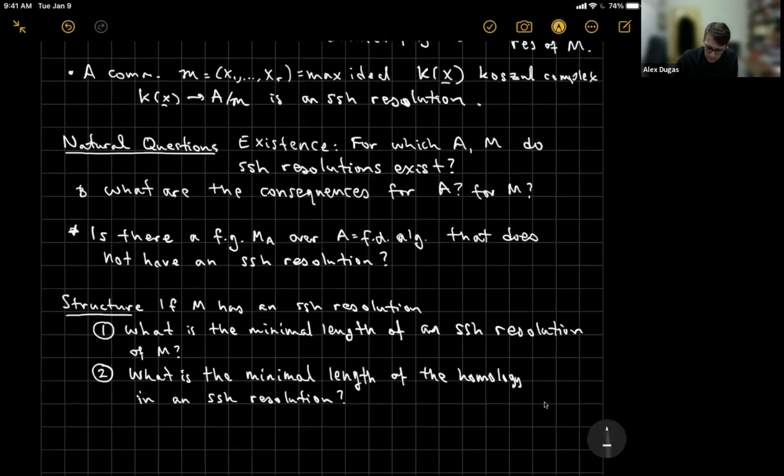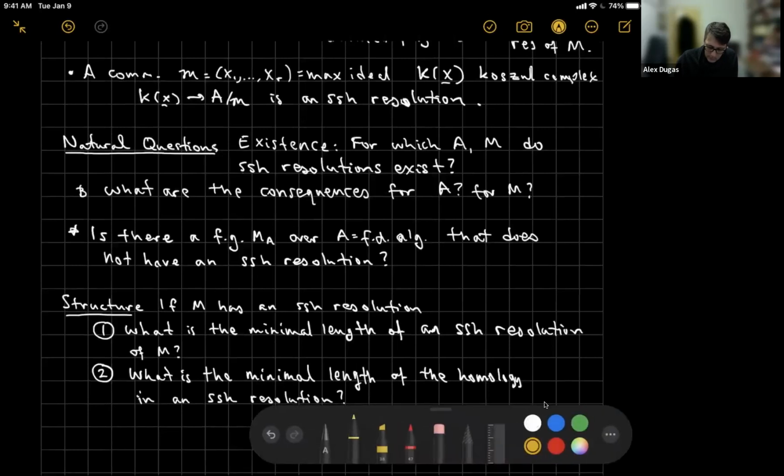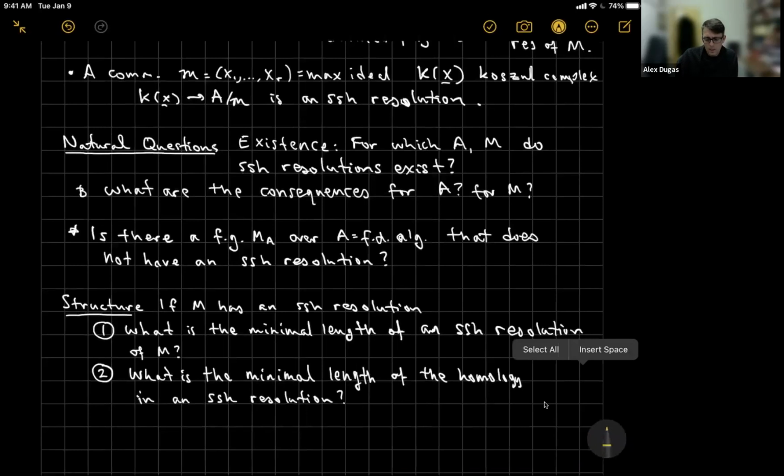What do I want to say here? They were interested in finding restrictions on finite groups that could act freely on direct products of spheres.